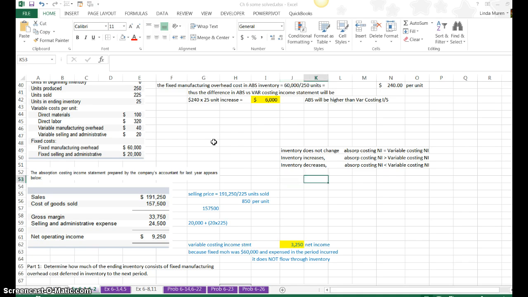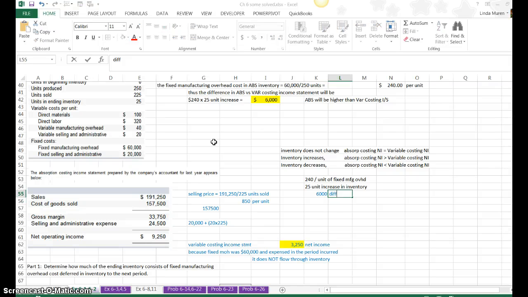And now I'm going to show you a trick. We know $240 per unit of fixed manufacturing overhead is associated with absorption costing. If I know the change, a 25 unit increase in inventory, so if I multiply the 25 times the 240, 25 units times $240 of fixed manufacturing overhead, I have $6,000.